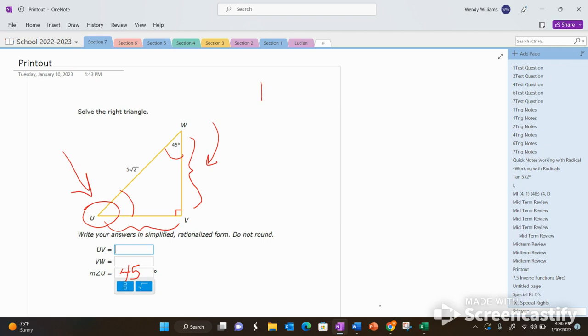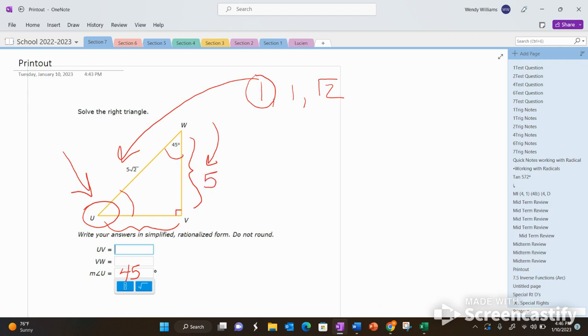And remember, it was a 1, 1, square root of 2 ratio. And we can do it two ways. We can set up a ratio and proportion, or we can say, hey, what do we multiply by 1 to get to 5? And we simply know that this leg has to be 5.